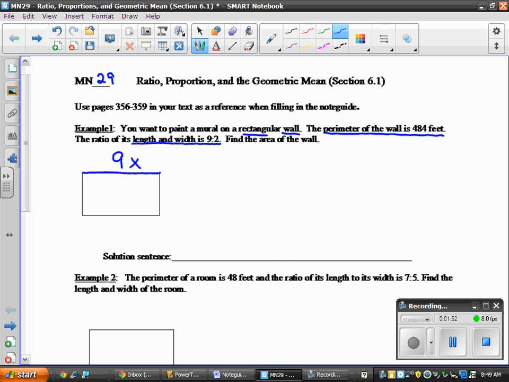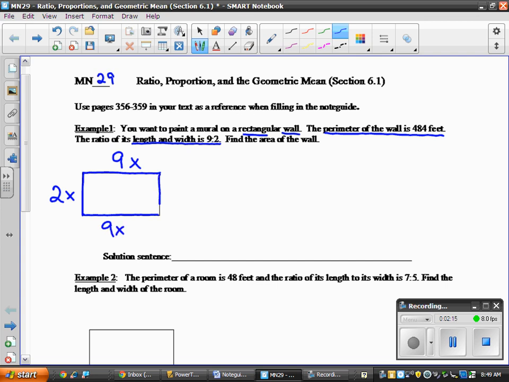We don't know how large the length is. We just know it's going to be a factor of 9, and the width is going to be 2x. Typically I say length is the long side, width is the short side. So if this is 9x up here and 2x over here, then down here this is also 9x, and this is 2x.